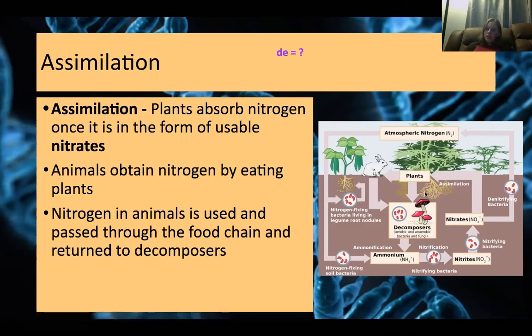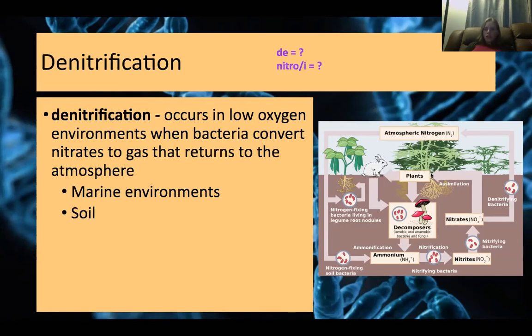And this nitrogen, once it's incorporated into a plant, is then going to be able to be used by other organisms in the food chain through consumption. So our herbivores, our primary consumers, are able to eat a plant and get nitrogen from it for their ATP, amino acids, and DNA.